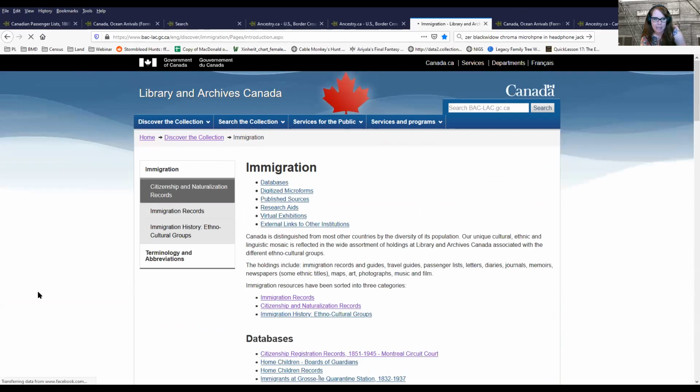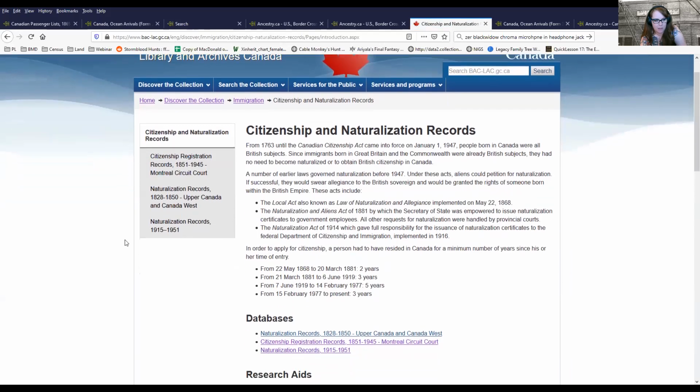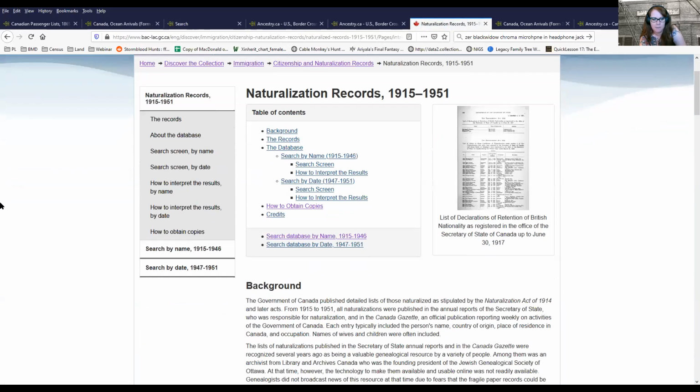So click on Citizenship and Naturalization Records. It's going to take us to a page that has two databases. Let's go here to Naturalization Records 1915 to 1951.